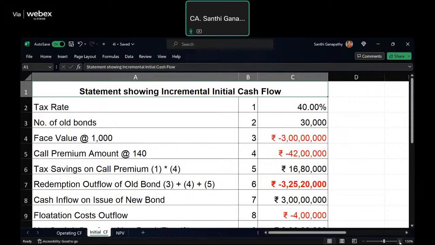There is a cash outflow, not just for the face value, also for the premium. Then what is the tax savings you will get? Therefore, what is the redemption outflow?